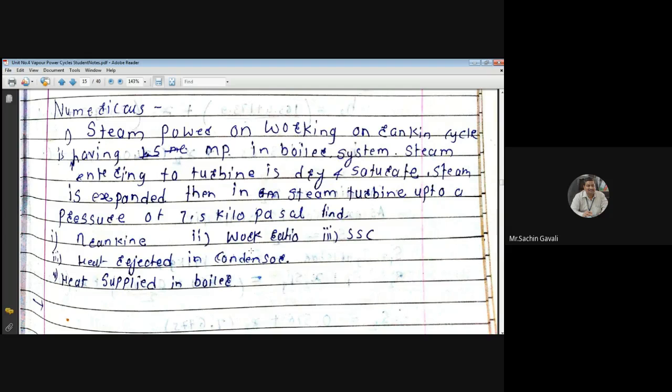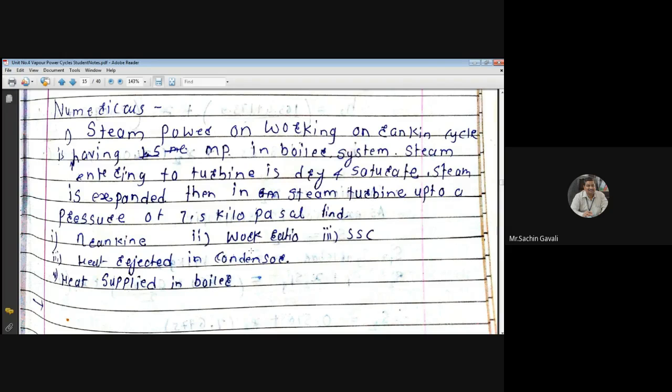And fourth one, heat rejected in condenser. And fifth one, heat supplied in boiler.